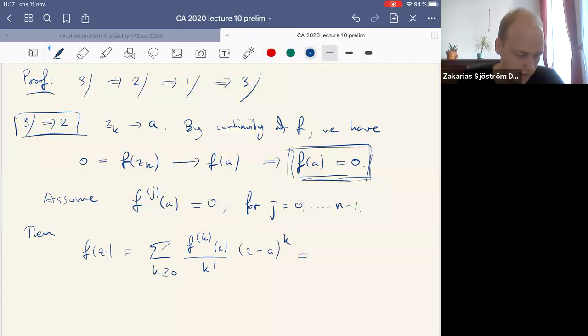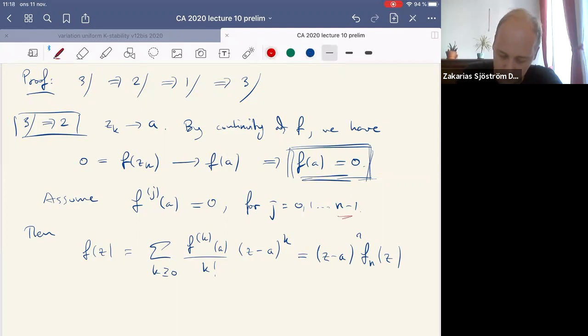And this is equal to, so I can write this as (z minus a) to the power n. And let me call this part that is left f_n of z.